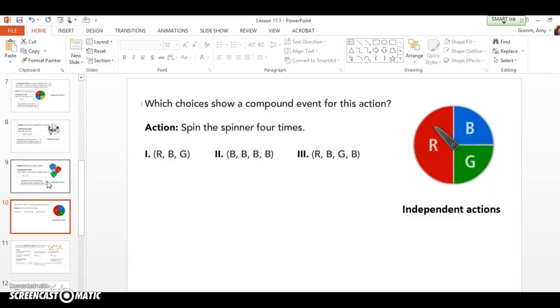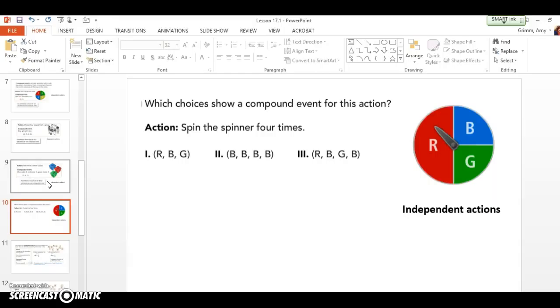So what does that stand for? What do those letters stand for? Okay, so it says spin the spinner 4 times. So I got a red, a blue, a green, and a blue. Can that happen on this one? Yes. Okay, what else? Gunnar.